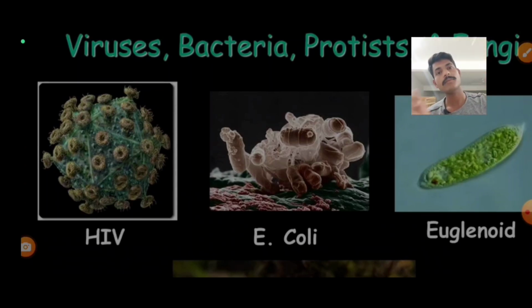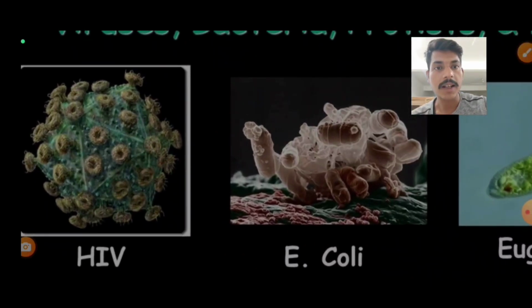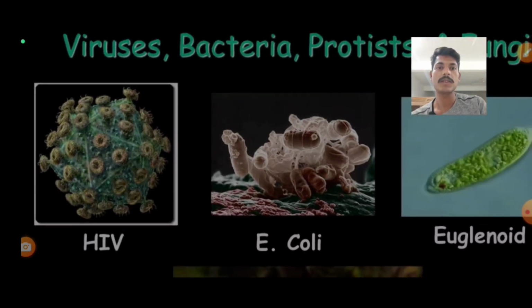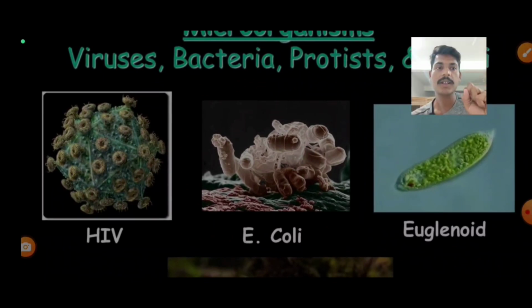Basically they destroy our lymphocytes; the HIV virus mainly attacks T lymphocytes and B lymphocytes. And you see the envelopes, crisscross envelopes. All these envelopes are just a covering of their genetic material.